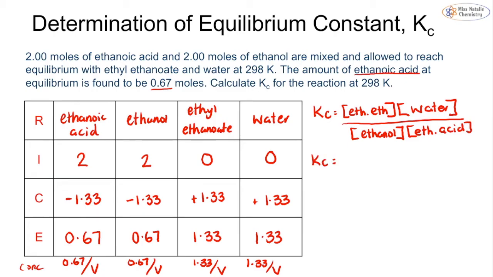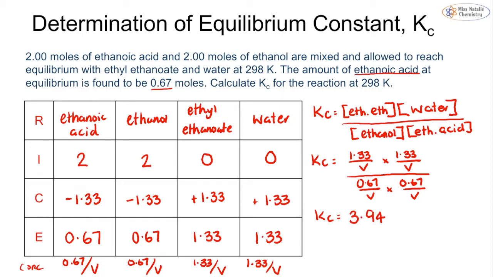Therefore, Kc is 1.33 over V times 1.33 over V, all divided by 0.67 over V times 0.67 over V. And now you can see that the volumes are going to cancel each other out. So they're going to have no major effect on this. And once I put all of this into my calculator, I find that my Kc value is 3.94.